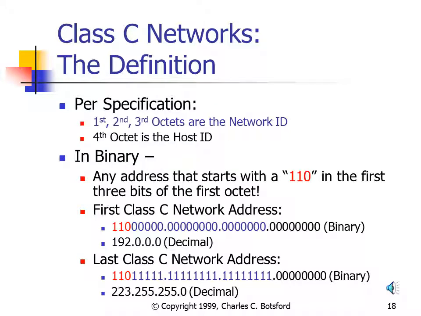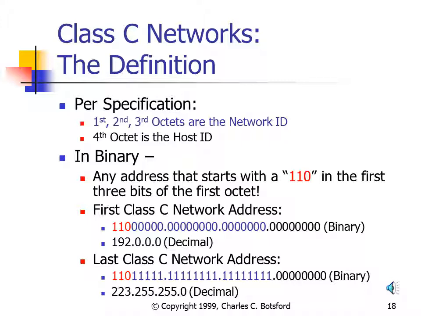Remember that the IP specification states that a Class C network has the first 3 octets as the network ID and the last octet as the host ID. A Class C address also is defined as any address that starts with 110 in the first 3 bits of the first octet.